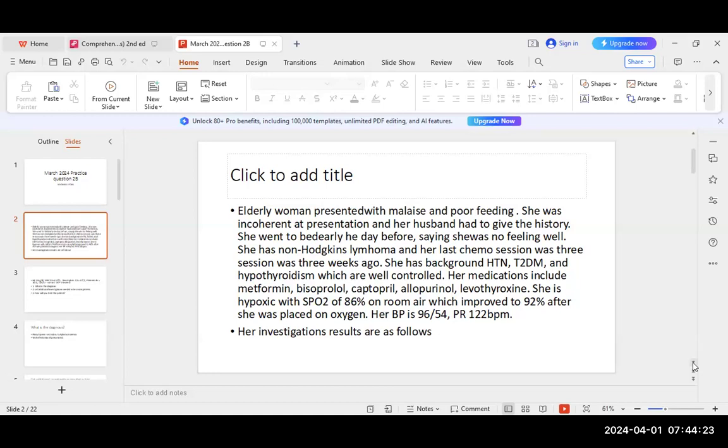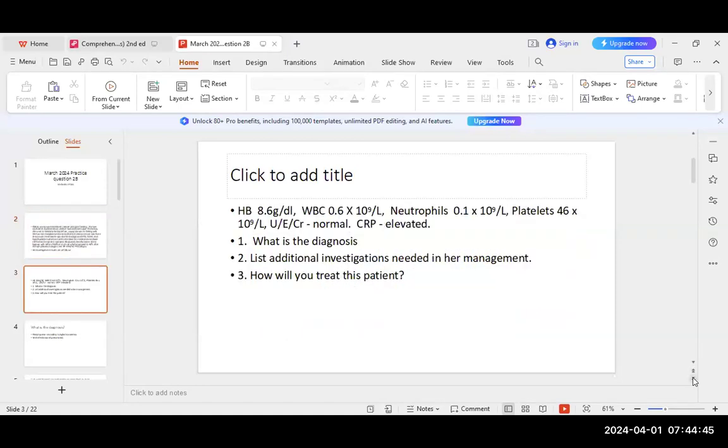She is hypoxic with SpO2 of 86% on room air, which improved to 92% after she was placed on oxygen, and her BP was 96/54. The pulse rate was 122 beats per minute. Her investigation results were as follows.